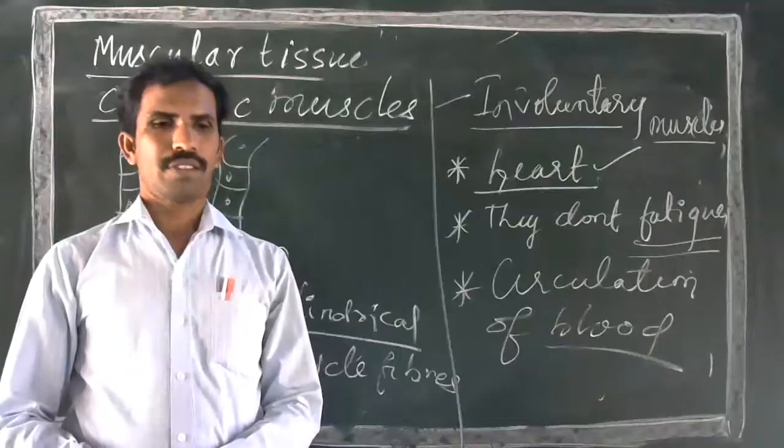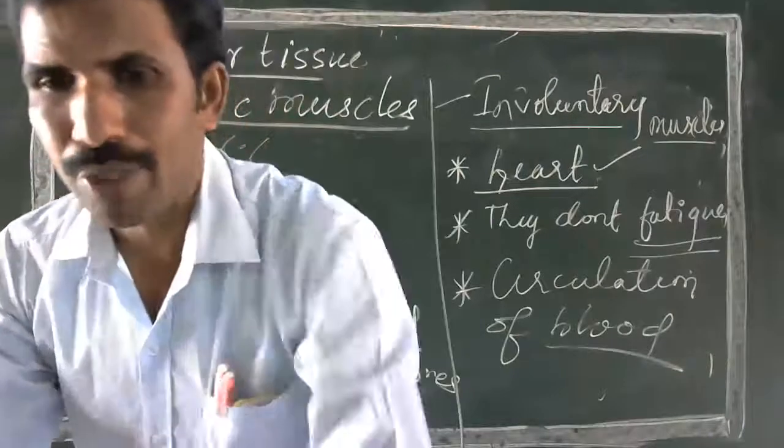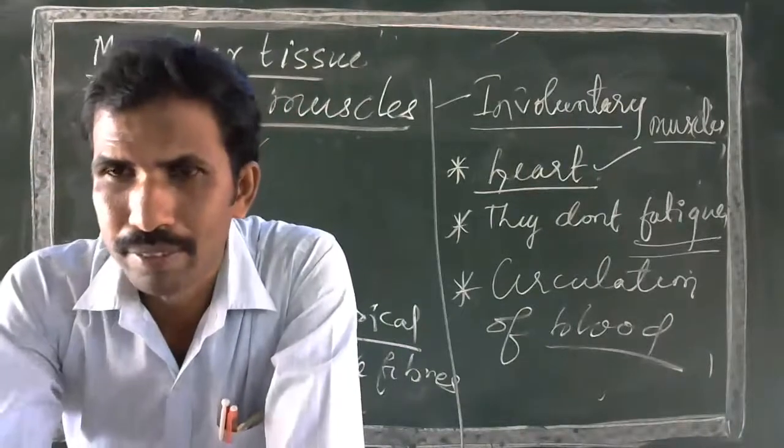Three components of connective tissue are cells, fibers, and matrix. See, some are not seeing the video that I am sending to the group.